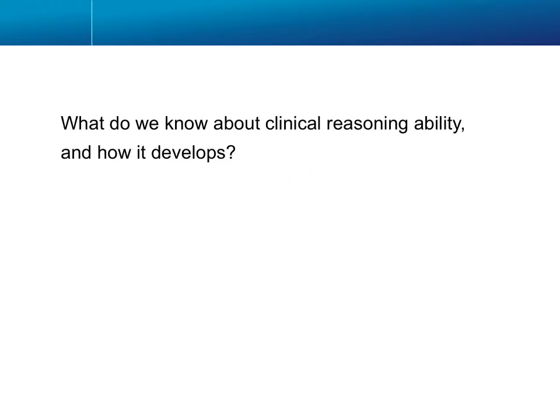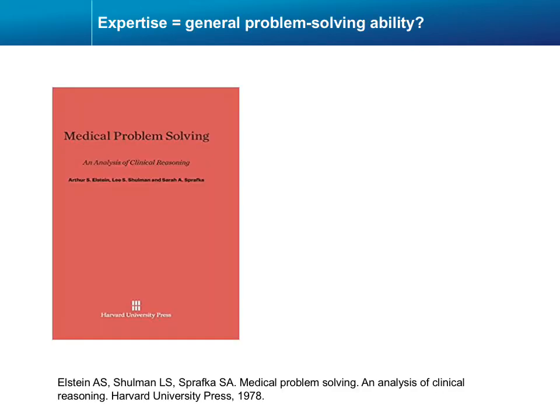Let's go back in time to the 1970s when researchers first got interested in what made someone good at diagnosis. So, what do we know about clinical reasoning ability and how it develops in individuals? Well, in the 1970s, expertise in medicine was considered to be related to superior general thinking ability.